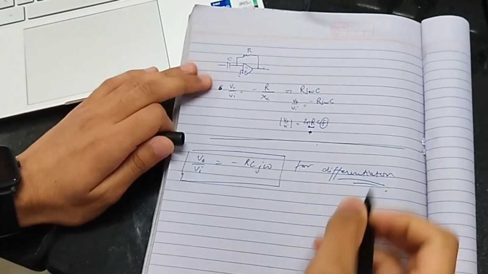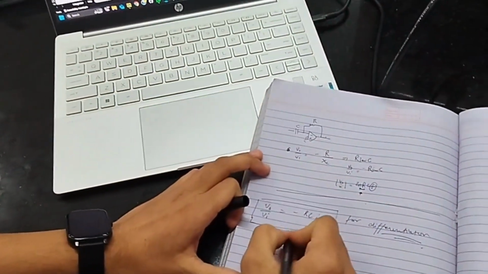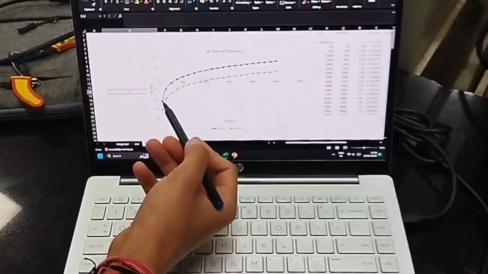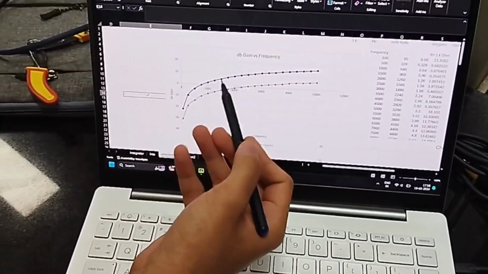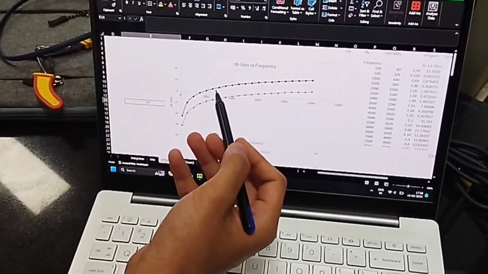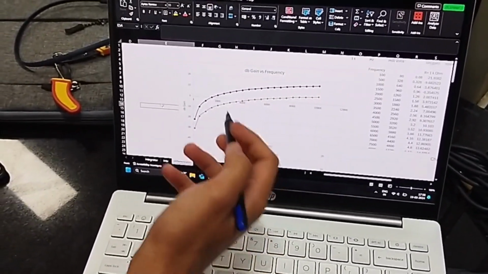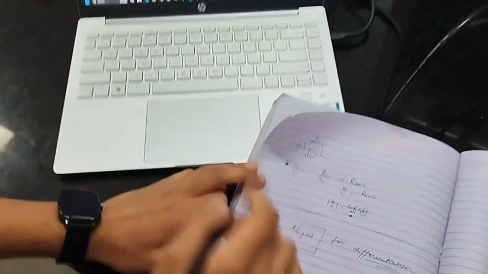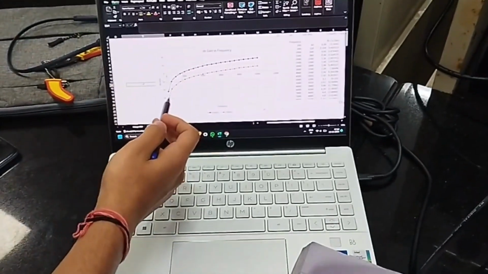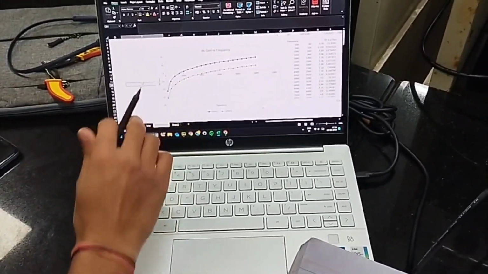And so we can check the gain is directly proportional to R. Okay, so we'll see that the first curve, the blue one, is for 2.7 kilo ohms and the orange one is for 1 kilo ohm. So as we increase the resistor's value, we get a higher dB gain, and if we decrease it, we get a lower dB gain.